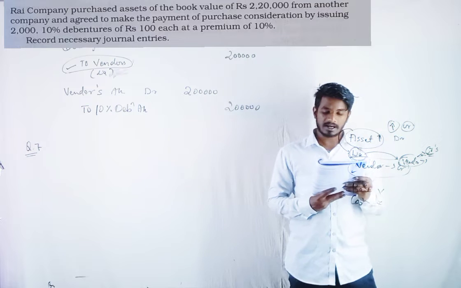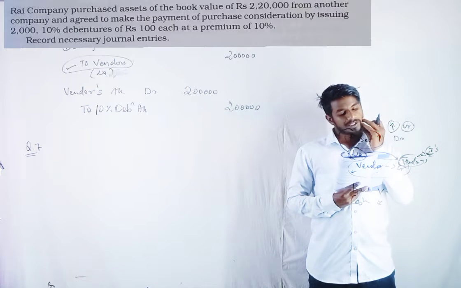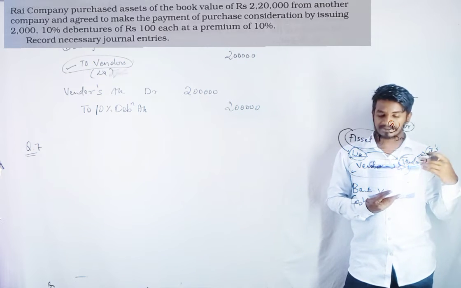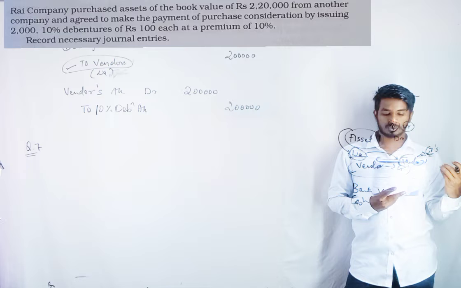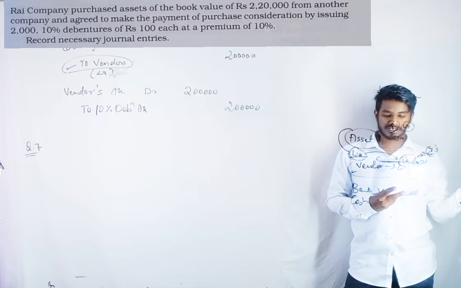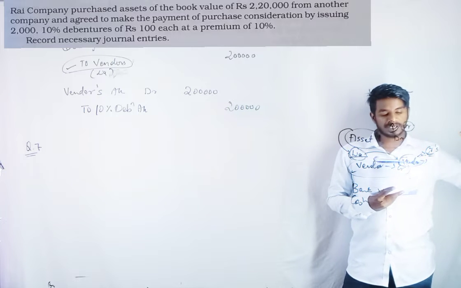Rai company purchased assets of the book value of rupees 2,20,000 from another company and agreed to make payment of the purchase consideration by issuing 2,000 debentures of rupees 100 each at a premium.